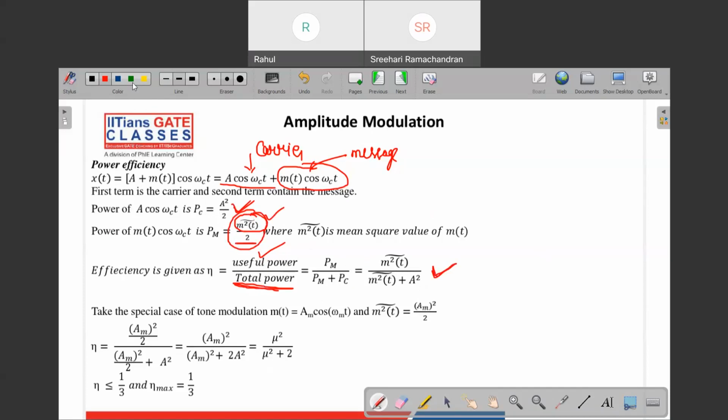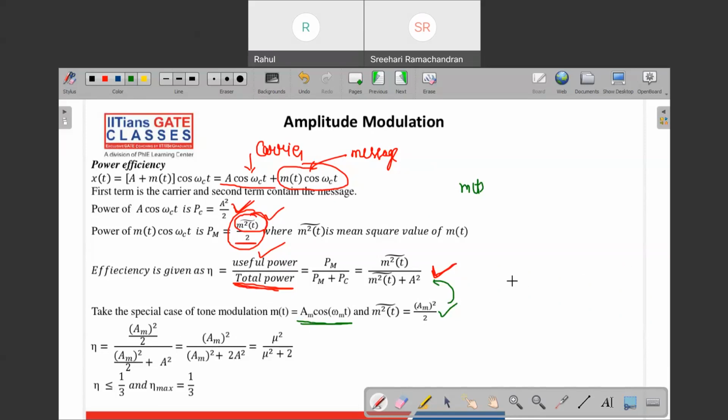Now let's take a special case when our message m(t) is a sinusoidal signal. So it will become Am cos omega mt. Now the power of the signal will be Am square by 2. Let's put it here and see what we get. Once you put it here and rearrange everything, you'll get Am square divided by Am square plus 2A square.